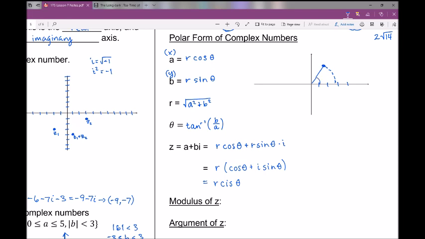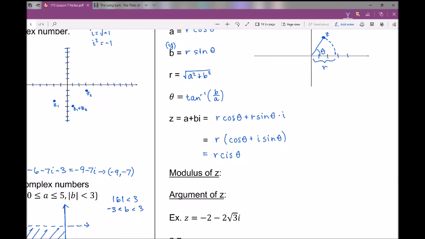So, you would have some r and some theta, and that's how you would graph a point in its polar form. Okay, now the modulus of z is represented by r. Hopefully you realize that from the formula up there. Furthermore, we have what we call the argument of z, which is just theta. So the theta from this r cis theta is called the argument of z.